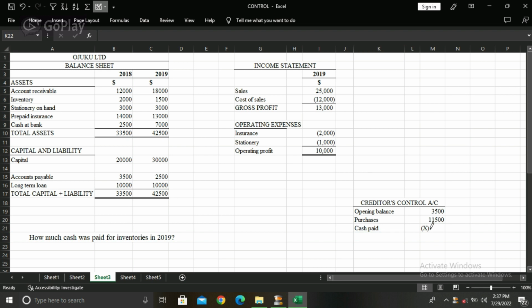So after subtracting the amount we pay to our suppliers, that is what will give us the closing balance. So the closing balance for account payable here, that's the end balance for 2019, which is 2,500. So we have our closing balance. So that's giving us 2,500.